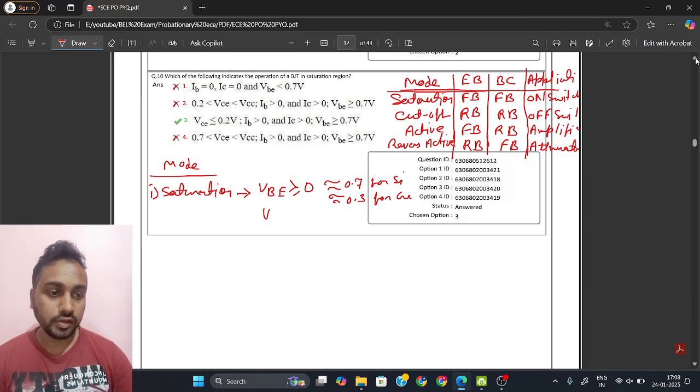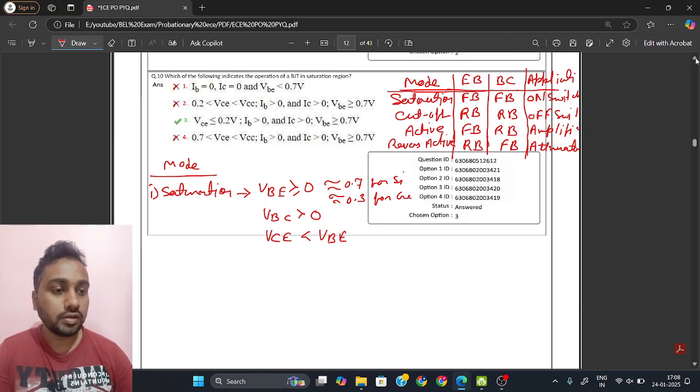Now VBC should be greater than 0, and VCE is less than VBE, that is less than 0.7, or in the range of 0.1 to 0.3.